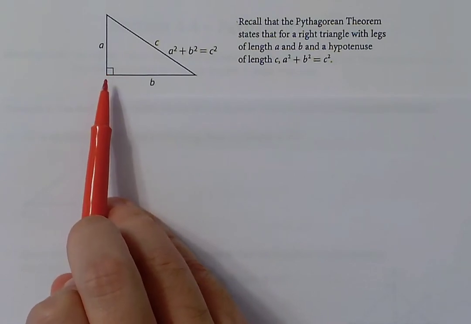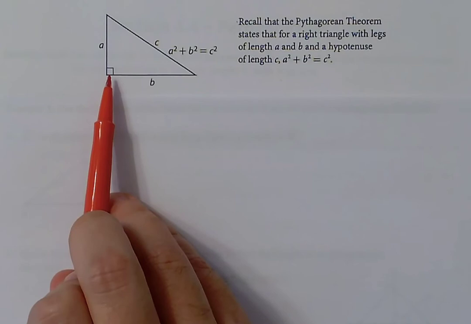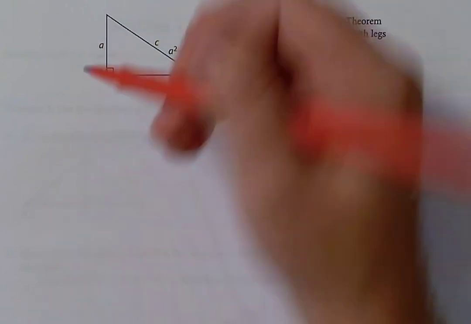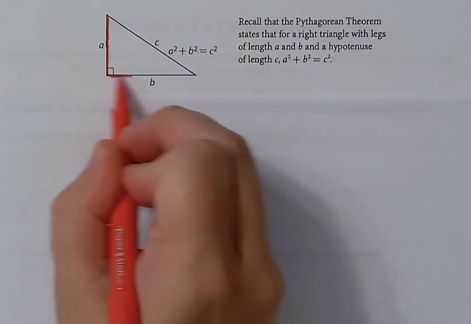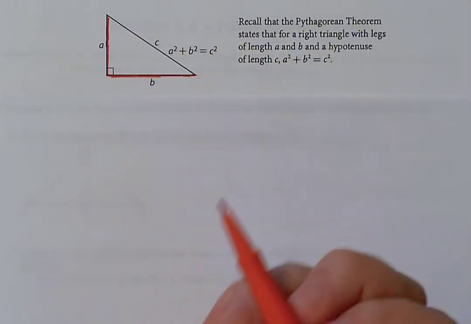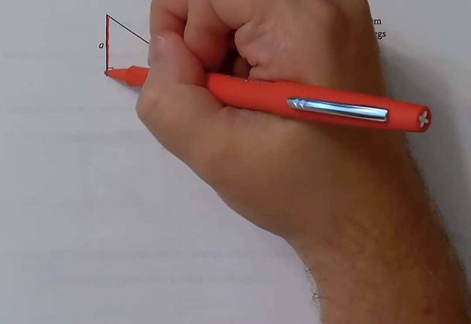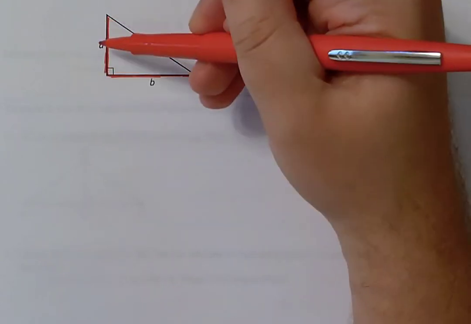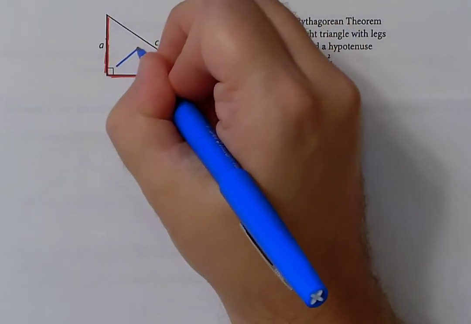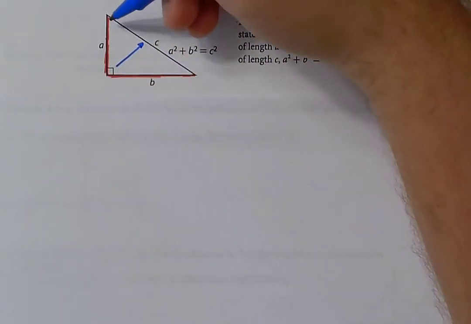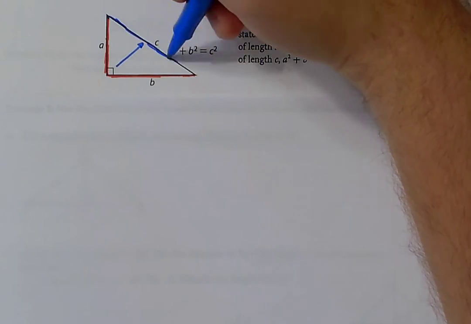The two smaller sides that touch the right angle, so sides A and B, are the ones that form the right angle. The side opposite my right angle is considered my C.